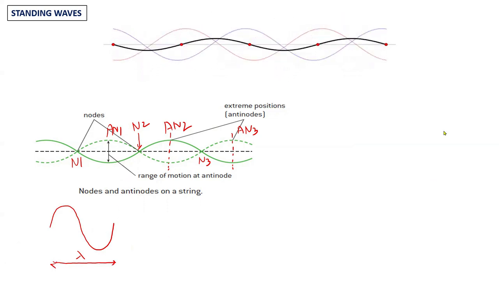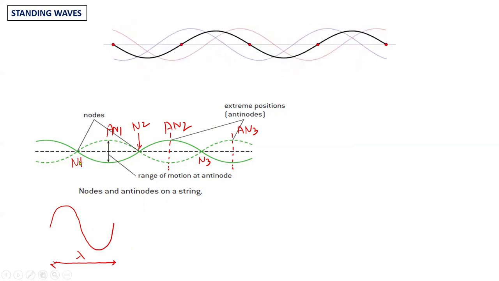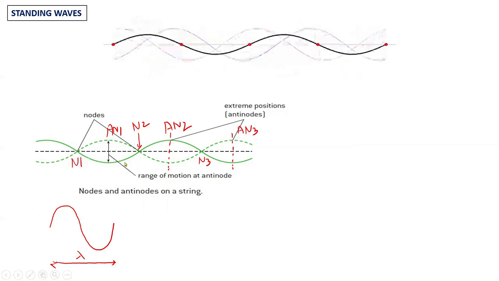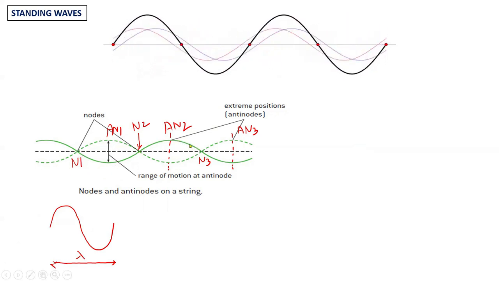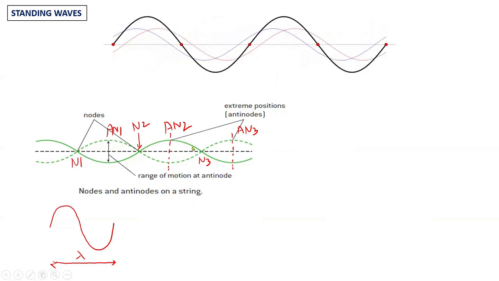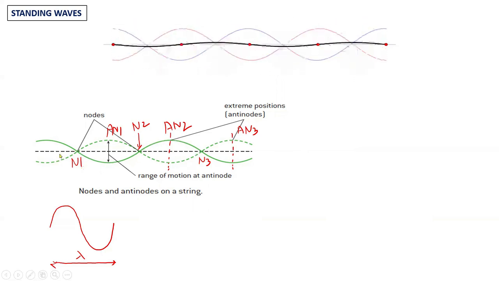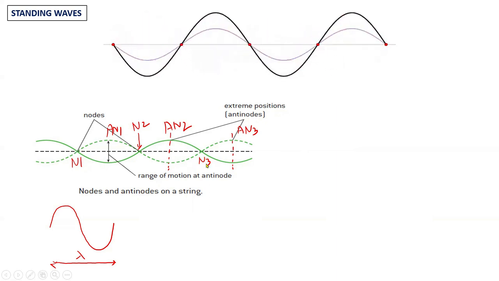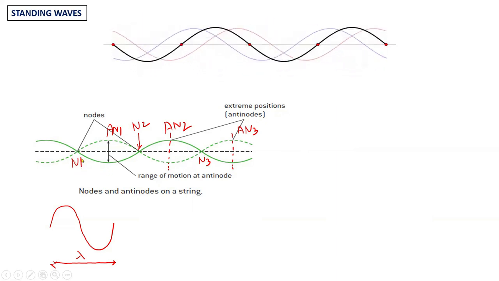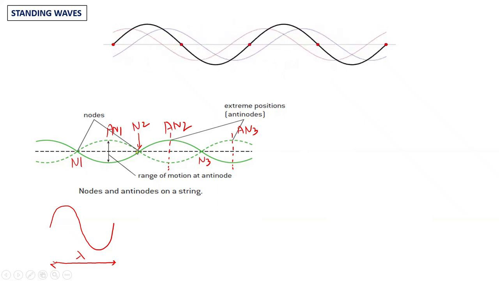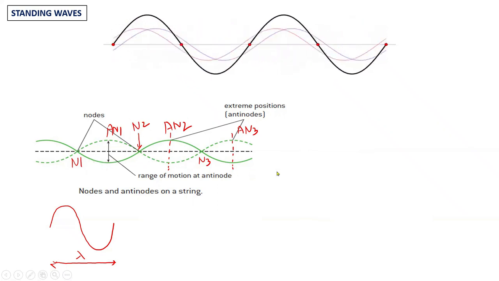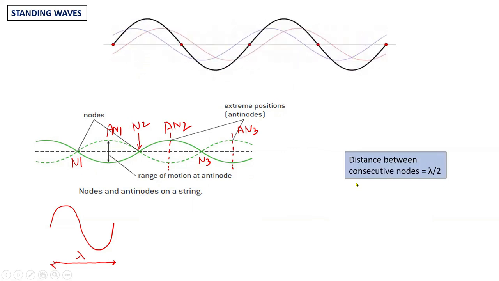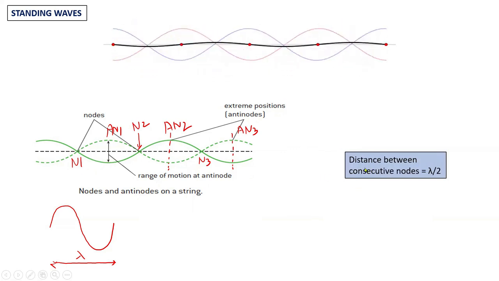Now, if you analyze this particular picture, if I start from node 1, go to node 2, and then to node 3, this is what completes one full cycle, which means the distance between the first node and the third node is lambda. So distance between node 1 and node 2 will be half of lambda, so lambda by 2. And that's the first important point which you need to remember for exams.